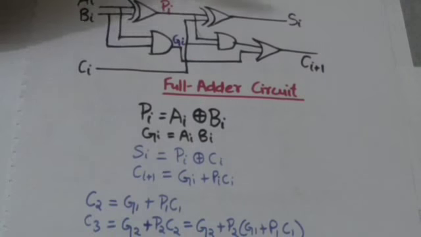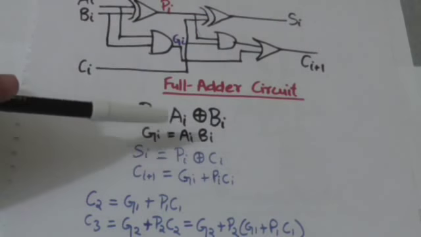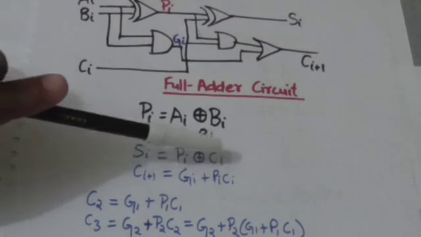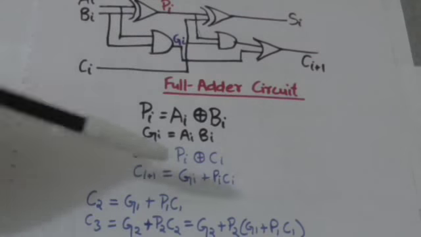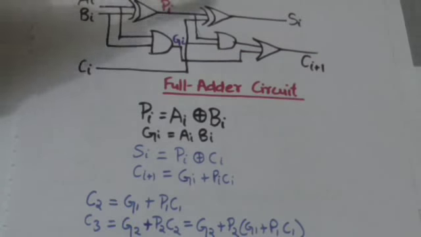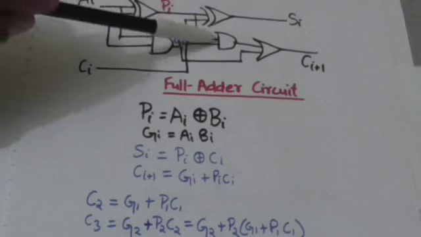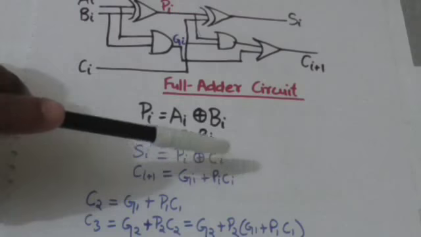Now here Si equals Pi XOR Ci, right? And Ci plus 1 equals Pi AND Ci plus Gi. And what are Pi and Gi?